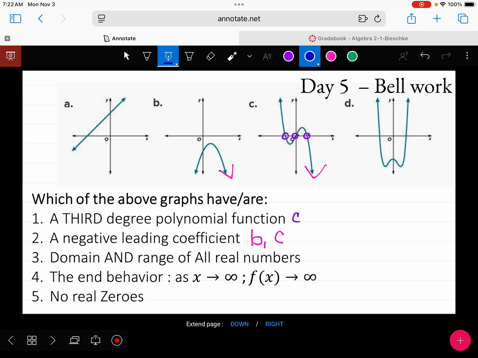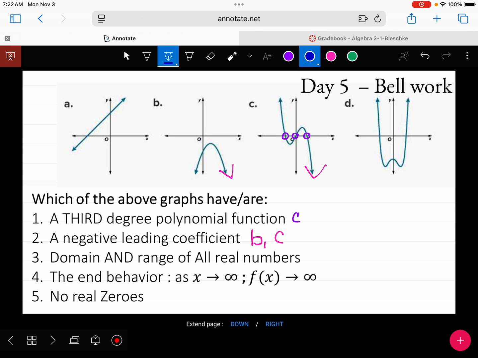In fact, all polynomials always have a domain of all real numbers, from negative infinity to positive infinity. If we have any issues with it, that makes it not a polynomial. So really what we're looking at here is which of these have the range of all real numbers?